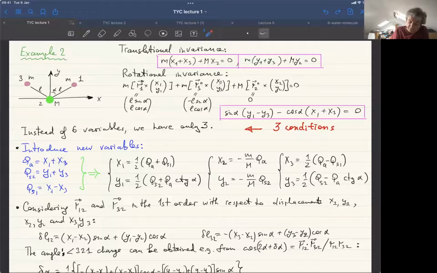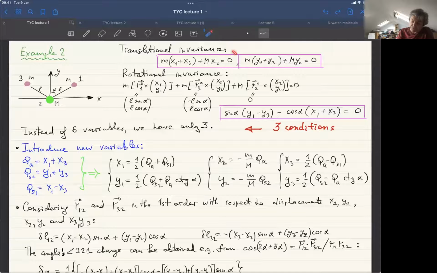So now we have three equations, this and this, which would allow us to eliminate three variables. We follow exactly the same procedure as before for the linear molecule. We introduce three new generalized coordinates Q: QA, S1, and S2, like shown here.